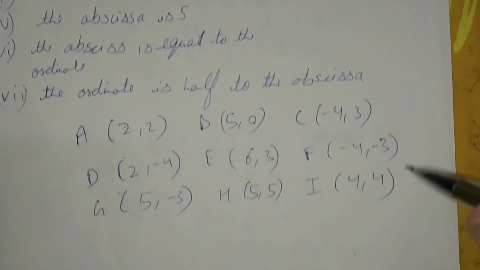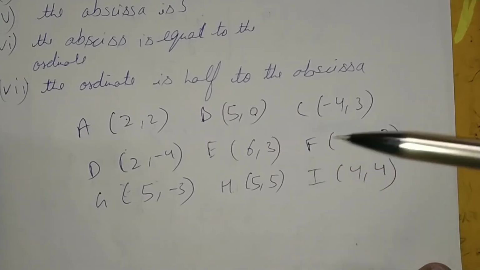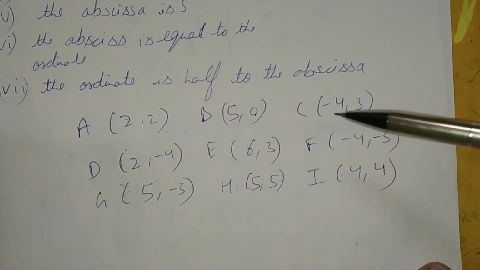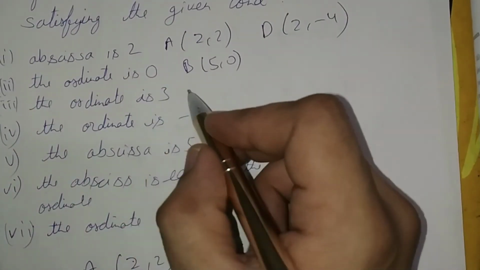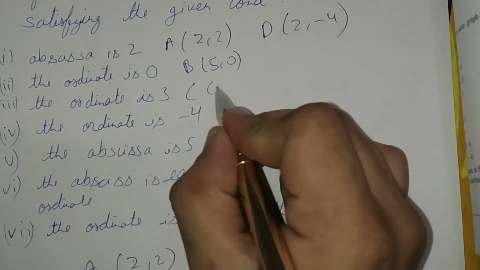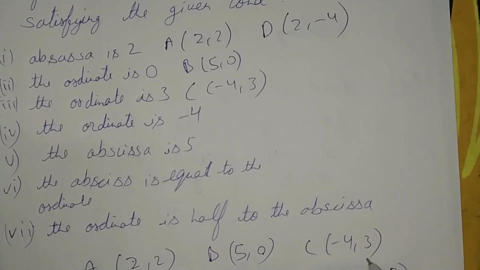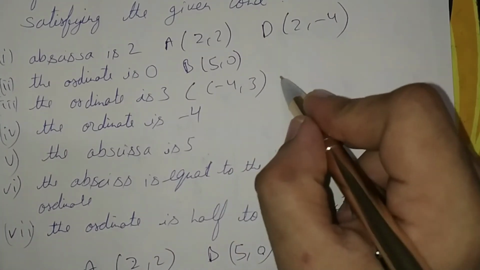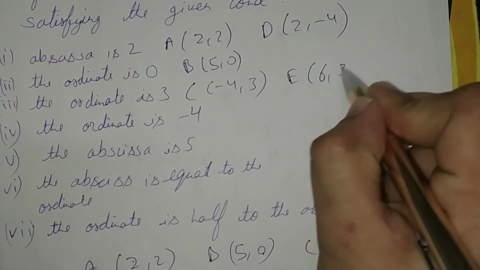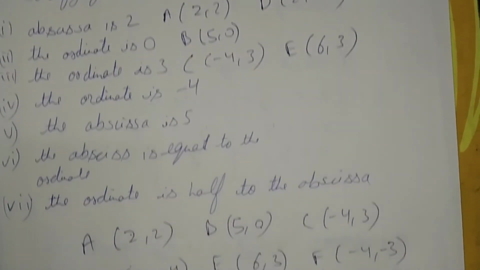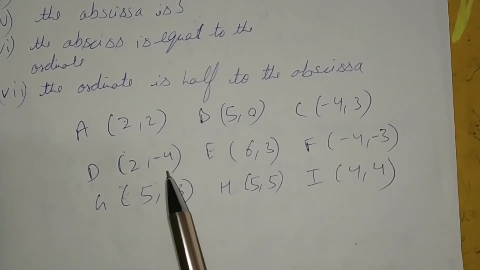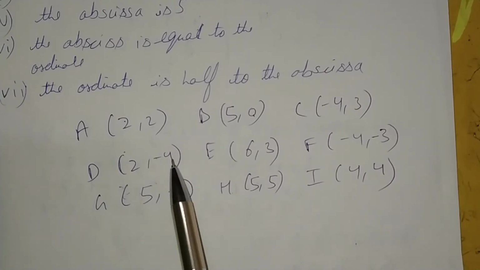Next is ordinate is 3. Here it is 3, here it is also 3. C and E. So that is C minus 4 comma 3 and E 6 comma 3. Ordinate is minus 4, that is y-axis minus 4.